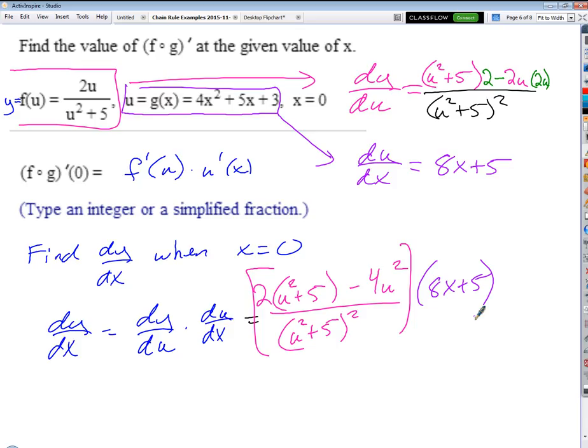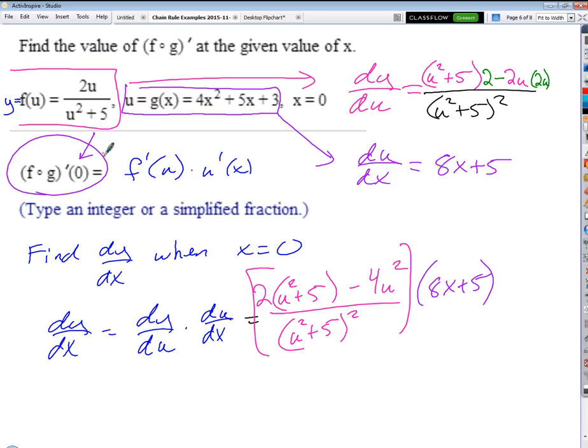No. All they want to know is what's the value of the derivative at 0. So they're asking for a specific value. Therefore, we don't need to do all that extra work to, for example, substitute u's into this, right? No need. All we really need to know is, when x is 0, what's the value of u, right? Does that make sense? Isn't that easier?